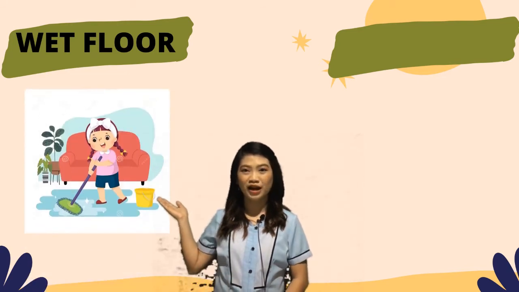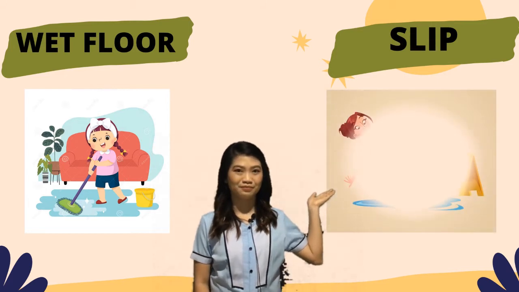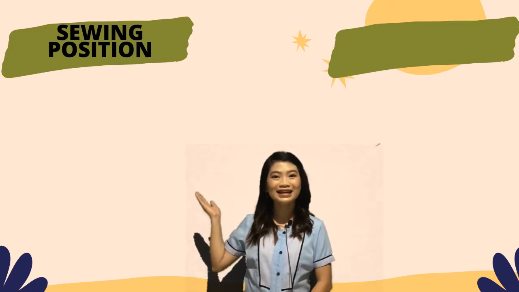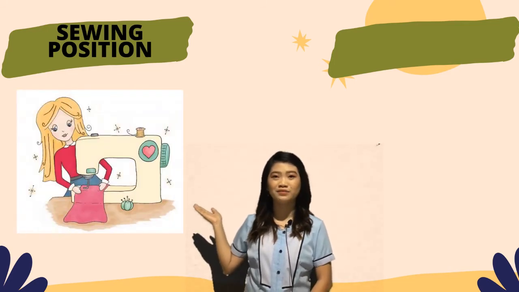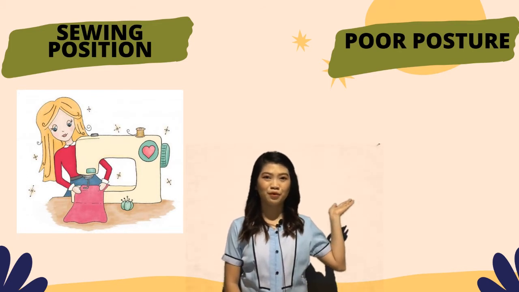Next example of hazard is wet floor, and the effect is slip. The last example of hazard is sewing position, and the effect is poor posture.